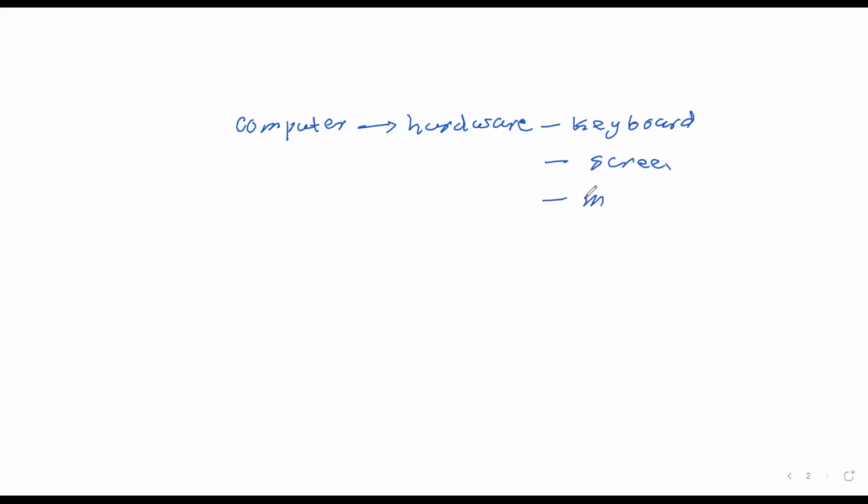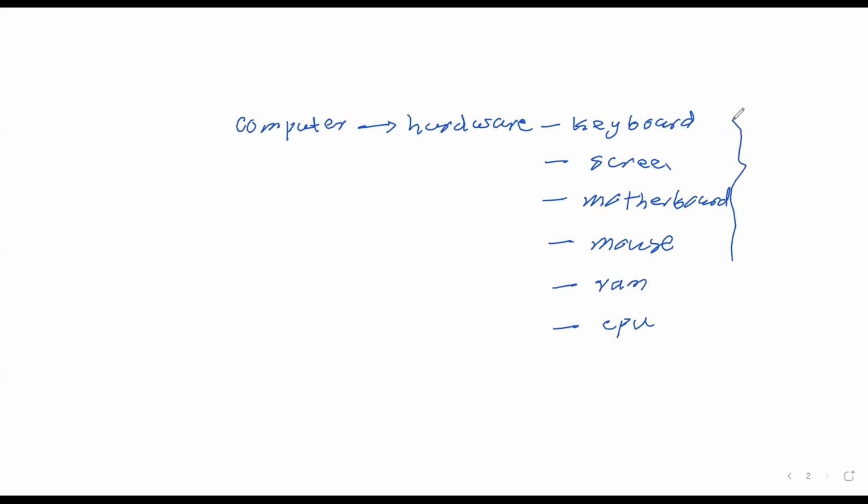I will show one diagram. Whenever there is a computer, you have hardware. What is hardware? Hardware is your keyboard, your screen, the motherboard, the mouse, RAM (random access memory), and the CPU.